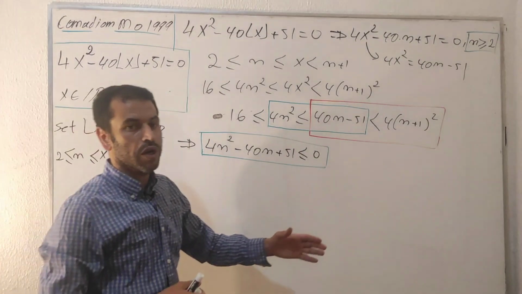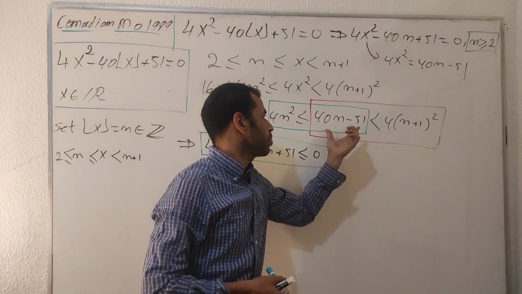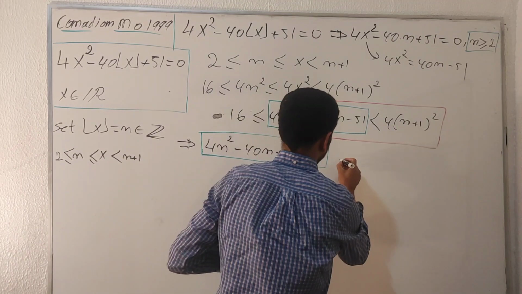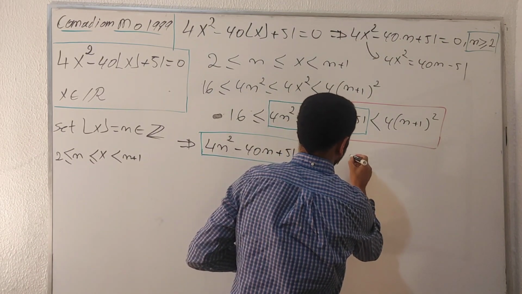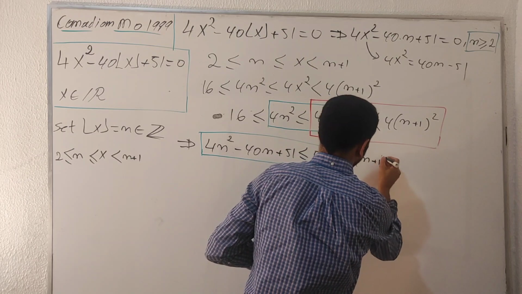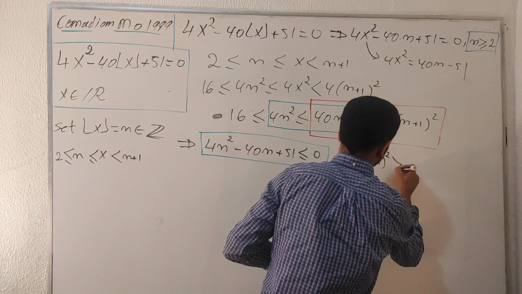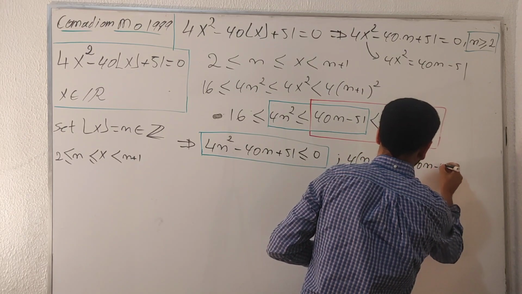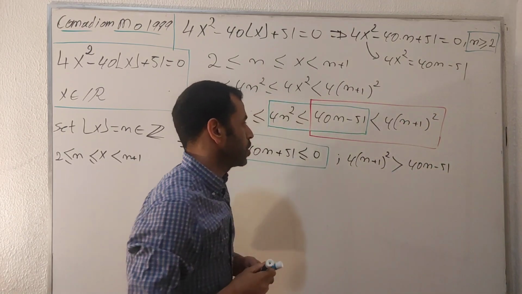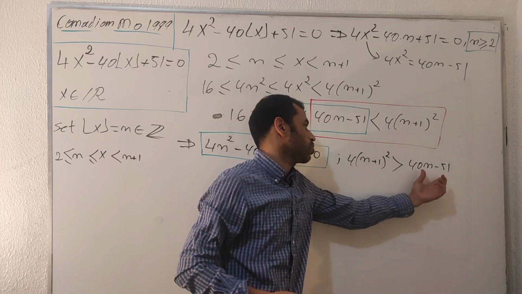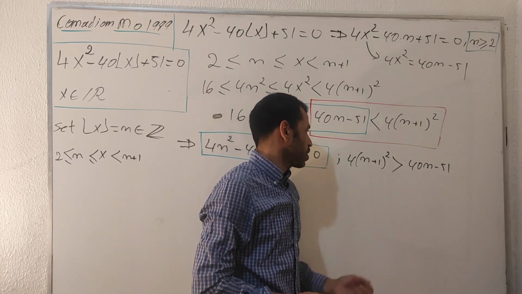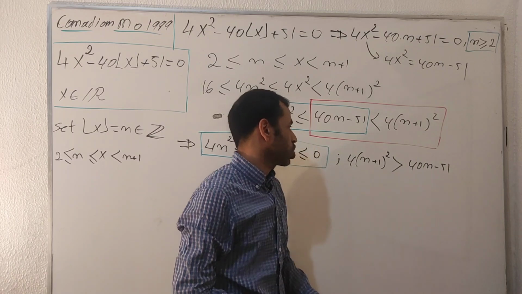Then the second inequality: I take this number minus this number, which is strictly greater than 0. So I get 4(n + 1)² > 40n − 51. Moving these two terms to the left, I get a strict inequality greater than 0.